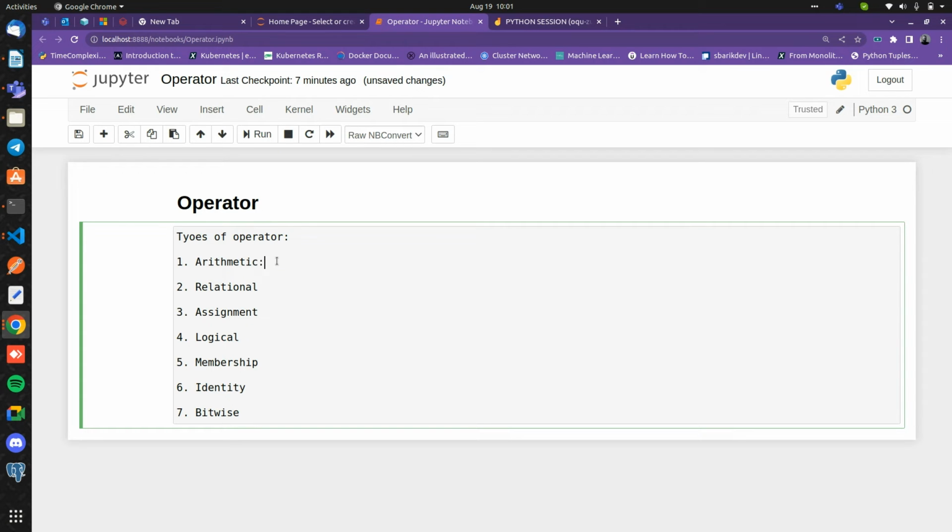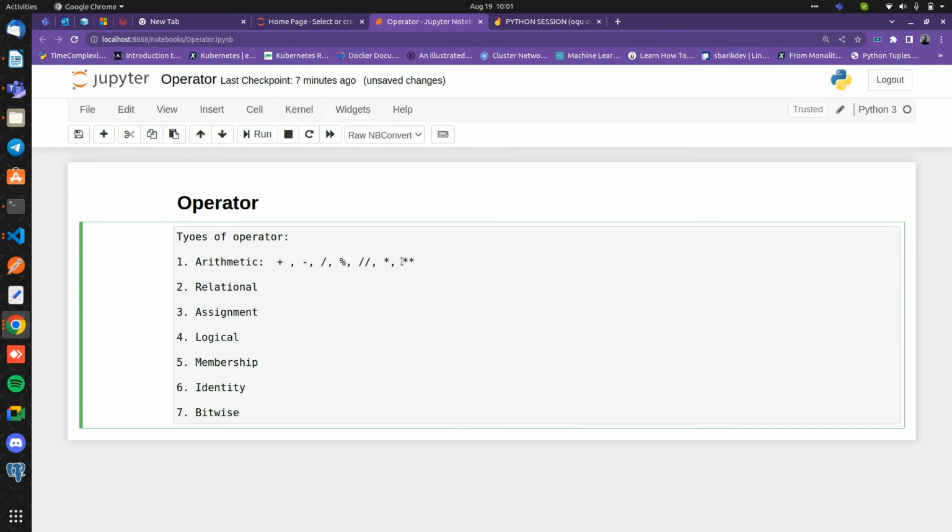Plus is addition, minus is subtraction, then division, modulus which is the percentage symbol, floor division which is the double slash symbol, multiplication which is the asterisk symbol, and exponential which is the double asterisk symbol.